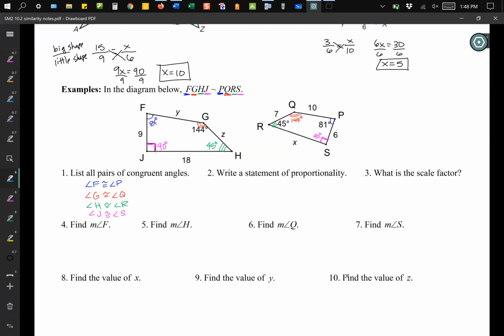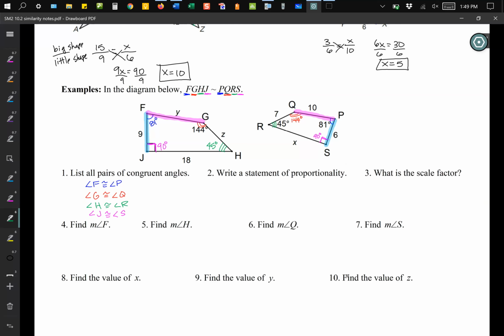So if I look at the one between the 1 mark, the 81 degrees, and the right angle, that matches the one between the 81 degrees and the right angle, the 1 mark and the right angle. So those two match. And if I look at this one up here, between the 1 mark and the 2 marks, the 81 degrees and the 144 degrees, those match.